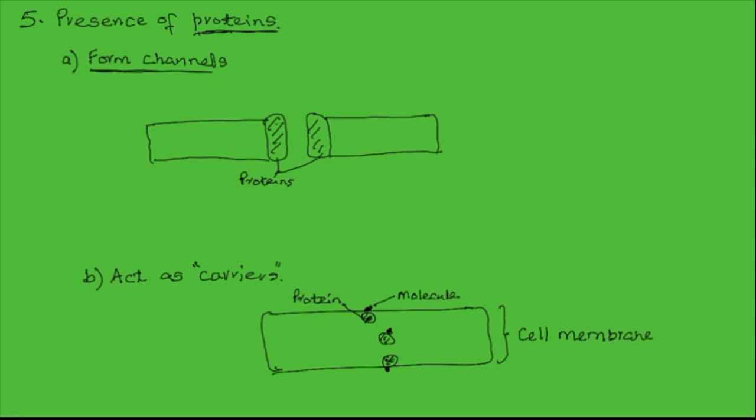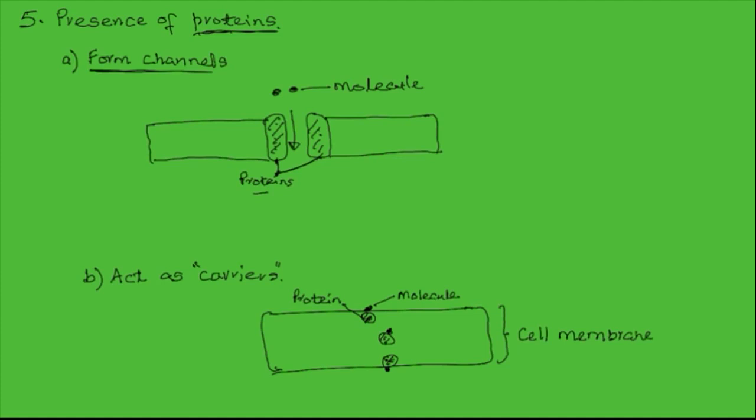Now, at various points within the cell membrane, the proteins are arranged in such a way as to create channels or tunnels through which certain molecules can move either from the outside to the inside, or the reverse, from the inside of the cell to the outside.